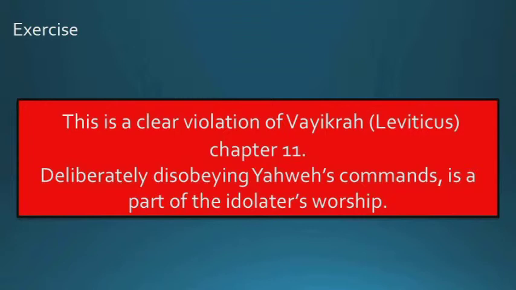And it is a clear violation of Vayikra chapter 11, Yahweh's food commandments. It is a deliberate disobedience to Yahweh's commands. It is a part of the idolater's worship. It is a way in which they can demonstrate a sort of spitting at Yahweh.